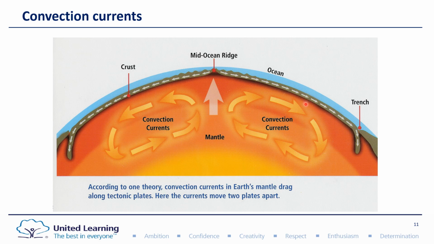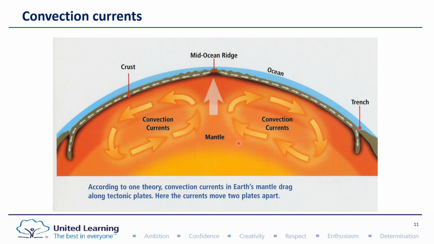The magma then cools down and sinks back into the mantle, where it warms up again as it gets further towards the core. As it warms up, it rises again, and the magma rises, it sticks to the tectonic plate and pulls, and that moves the tectonic plate. And these are known as convection currents.